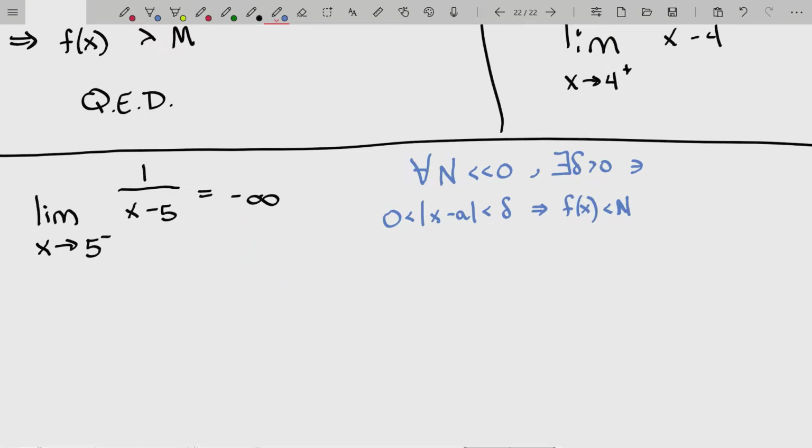Let me erase all this, get it out of my way. So my scratch work goes like this. I'm going to assume, and in my scratch work I can write the word assume down, that's perfectly fine, that my function is already below the height of N that they challenged me with.